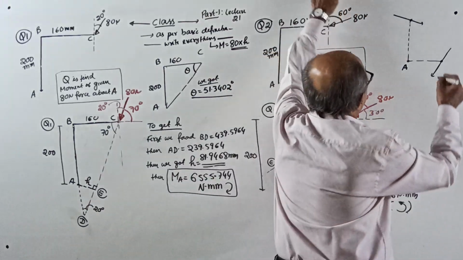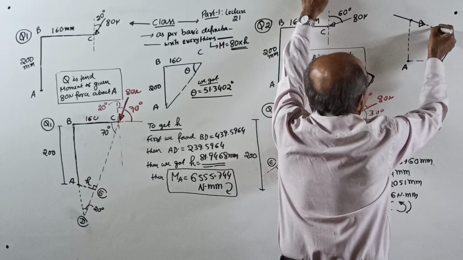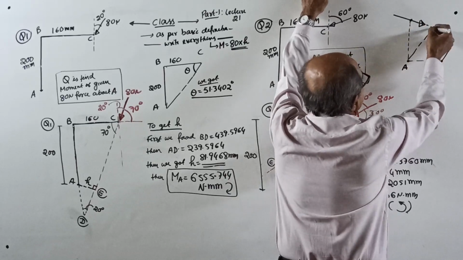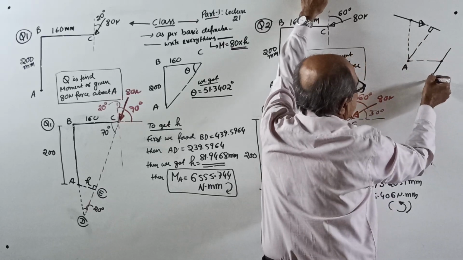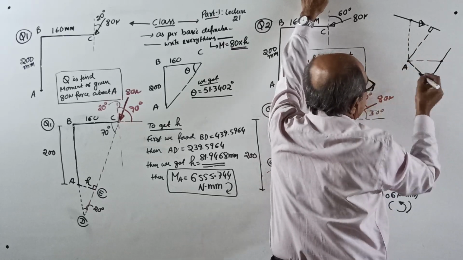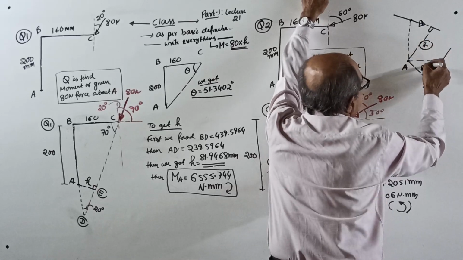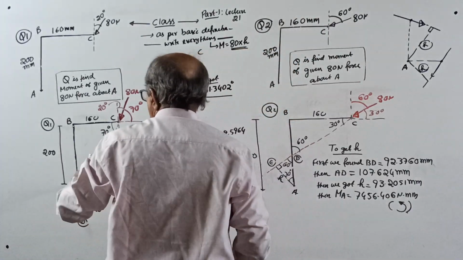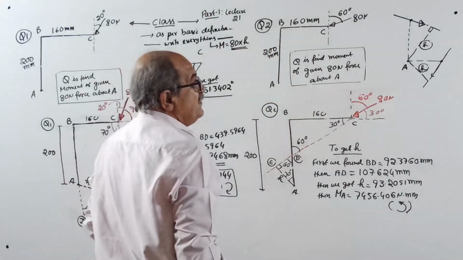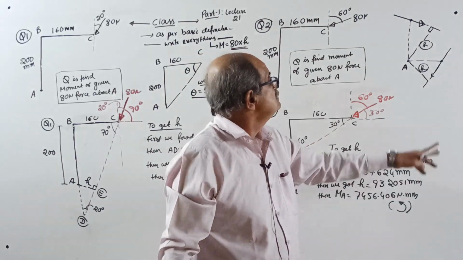All you have to do is draw a perpendicular from here. Then you can find this h very, very easily. Like last time, I extended the line. So there is absolutely no problem.